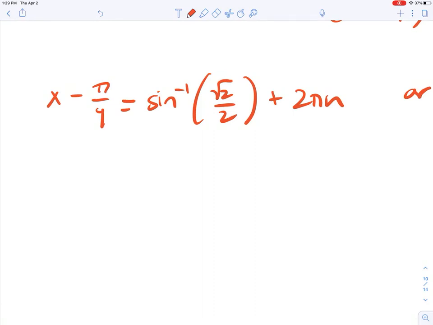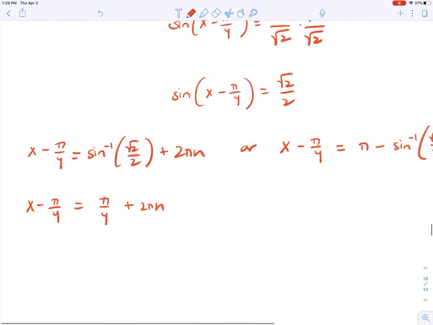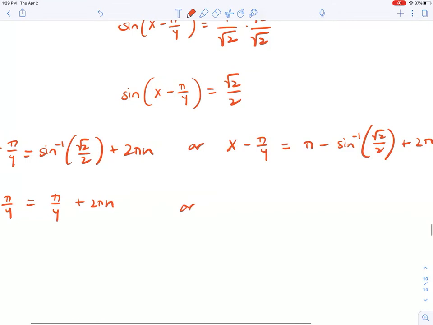Maybe I'll simplify the inverse sine of root 2 over 2 first. Inverse sine of root 2 over 2 is pi over 4. So pi minus pi over 4 is 3 pi over 4.